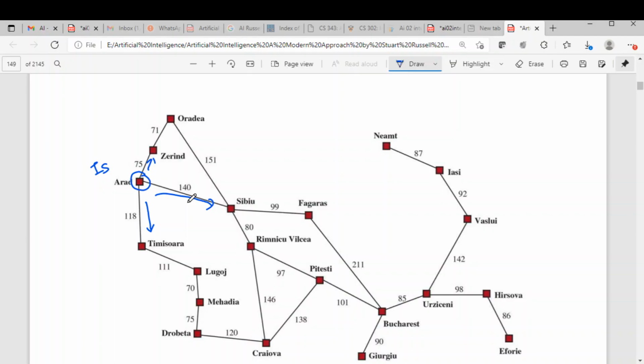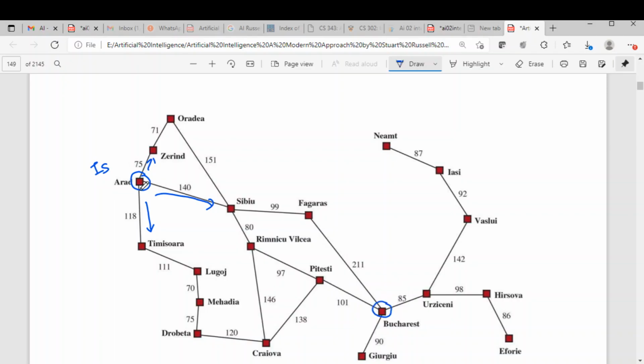Now this algorithm is a greedy best first search algorithm. So what it is going to do is identify only that path from where the heuristic cost of reaching the destination, Bucharest, is less.